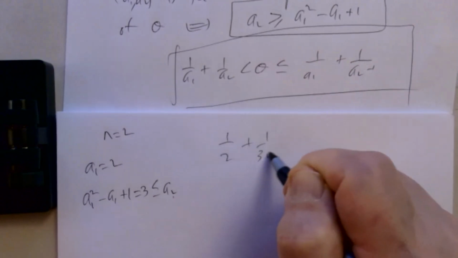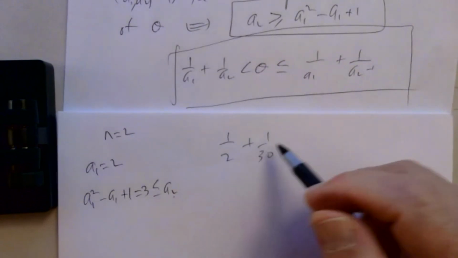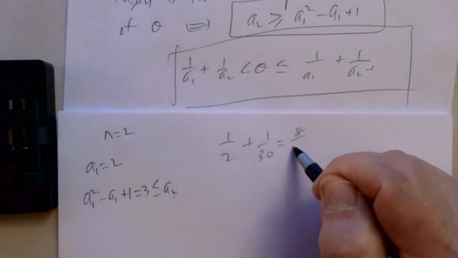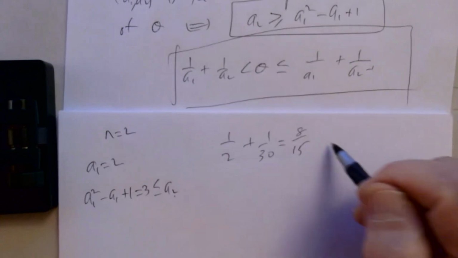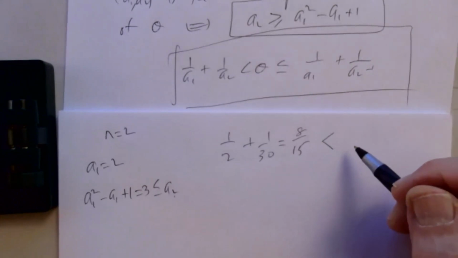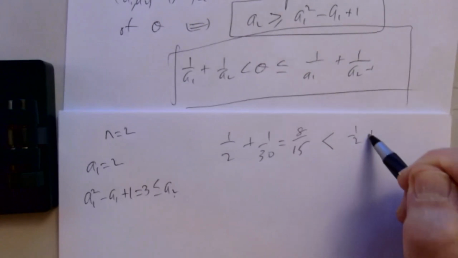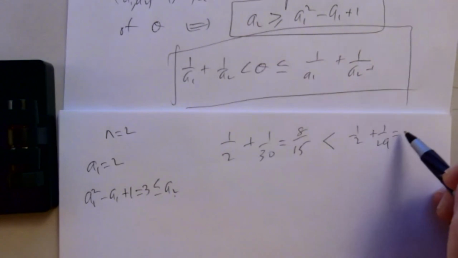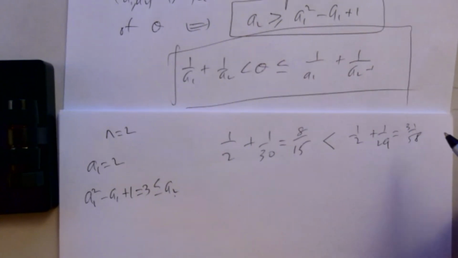Well, 30. So if I take a half plus a 30th, which I think is 8 over 15, this is less than a half plus 1 over 29, which is what, 31 over 58.